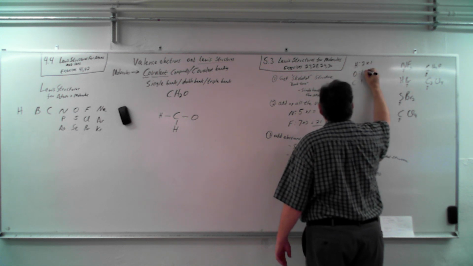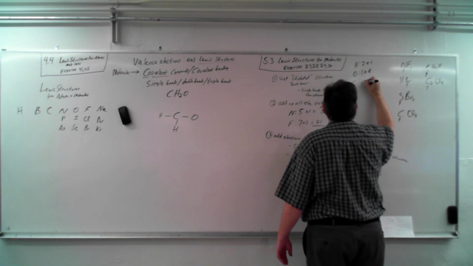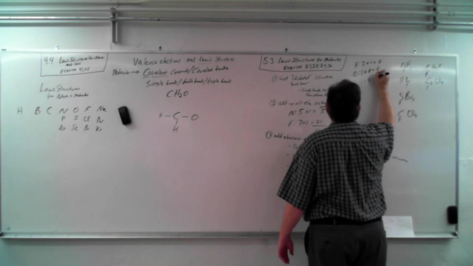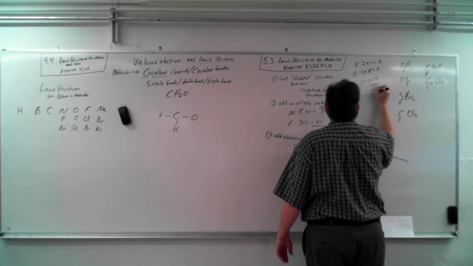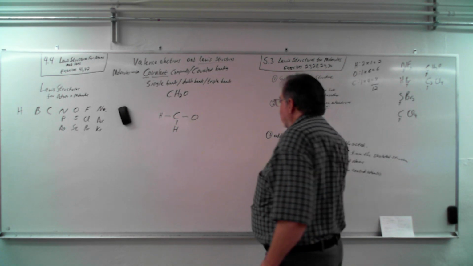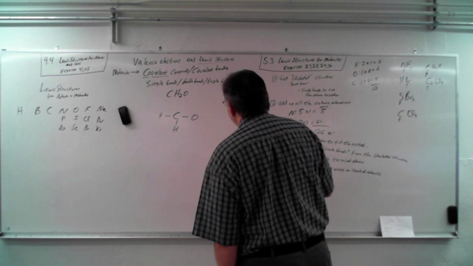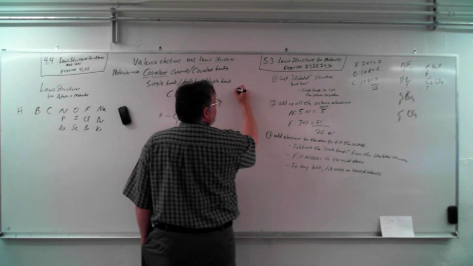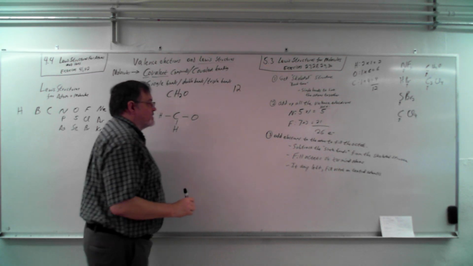Hydrogen has 1 valence electron, oxygen has 6, carbon has 4. I've got 12 valence electrons to work with.